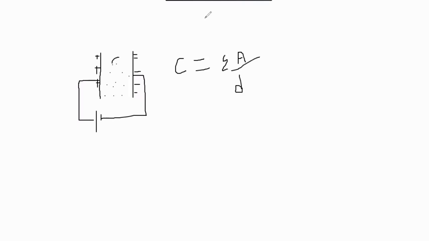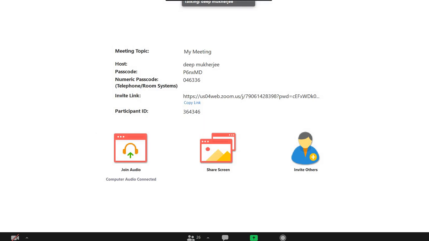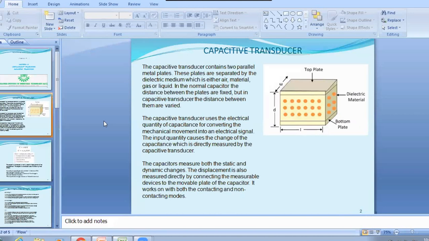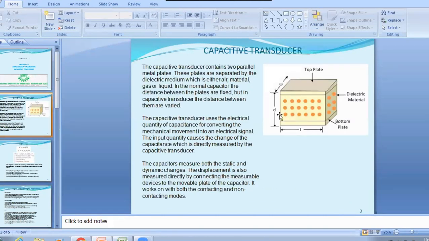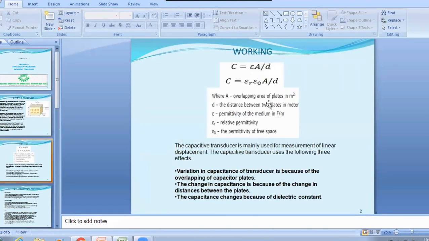Here you can see C equals epsilon A by d. A is the overlapping area of the plates, and d is the distance between the plates.